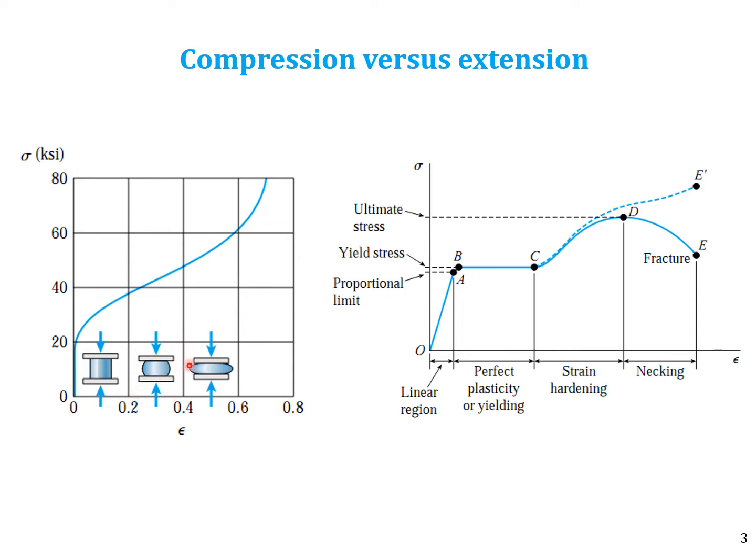The first one is bulging and then flattening. While in extension mode, we have yielding, strain hardening, necking, and then fracture. Another difference between both is that in most materials, the strain in compression is much lesser as compared to strain in extension mode.